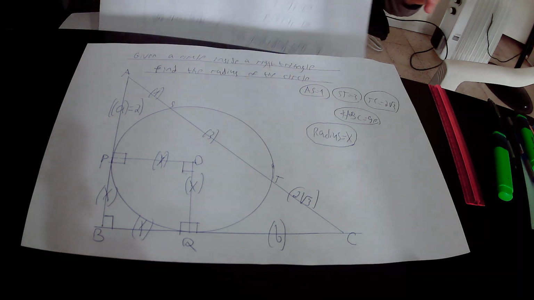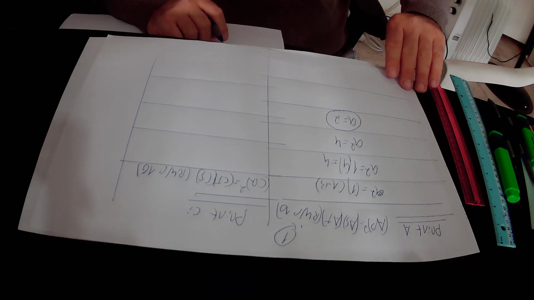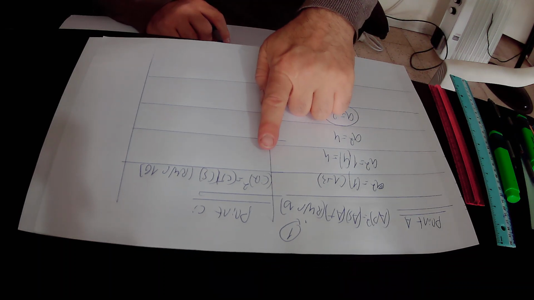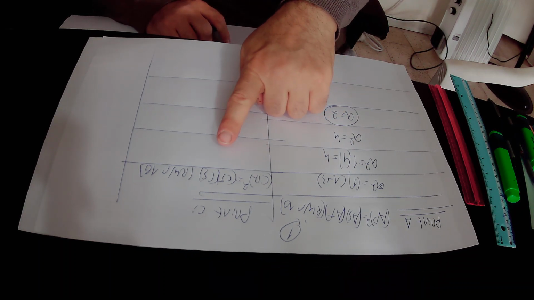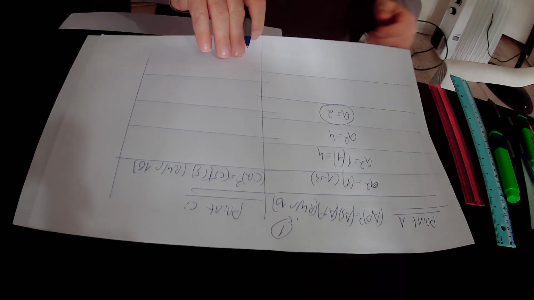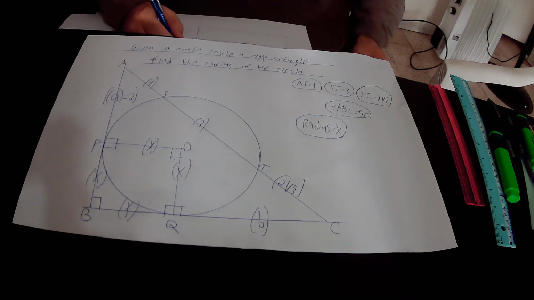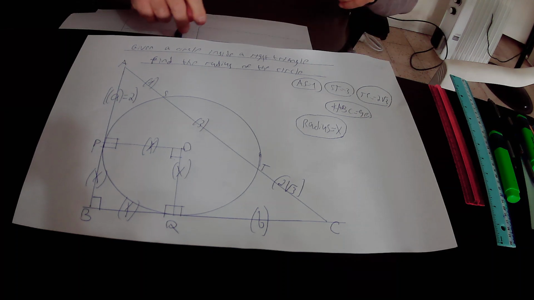Repeat again. If we focus on the point C, according to rule 10, we get that CQ squared equals CT times CS. CQ equals B, therefore CQ squared is B squared, and it equals CT.